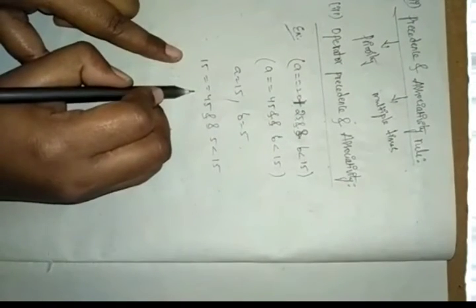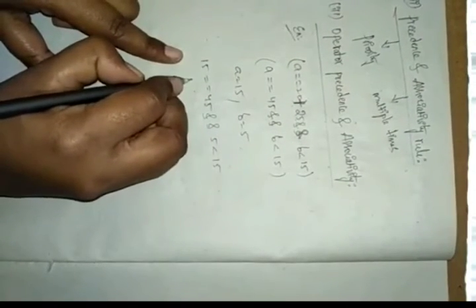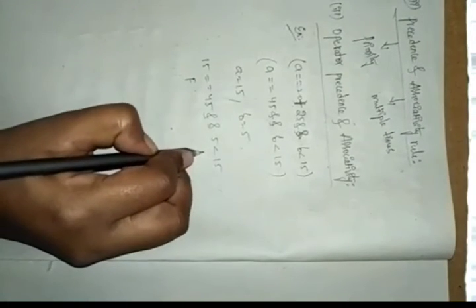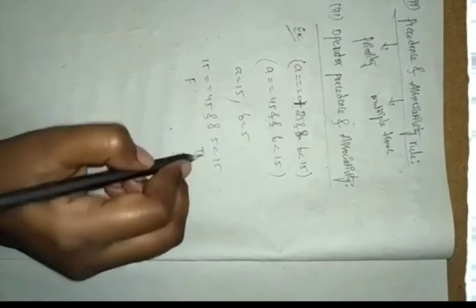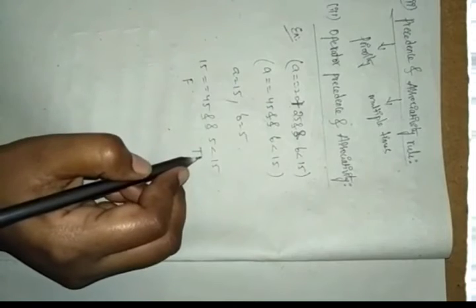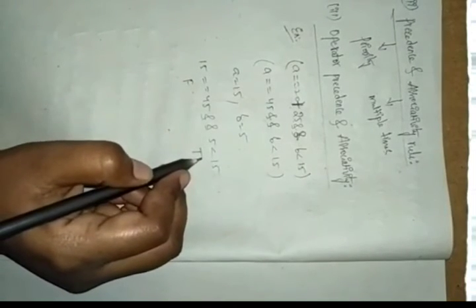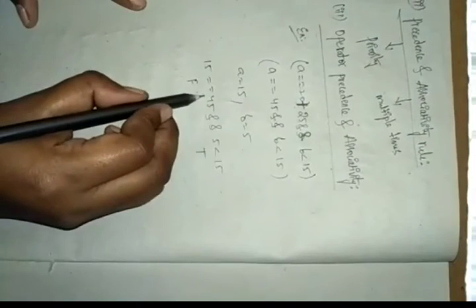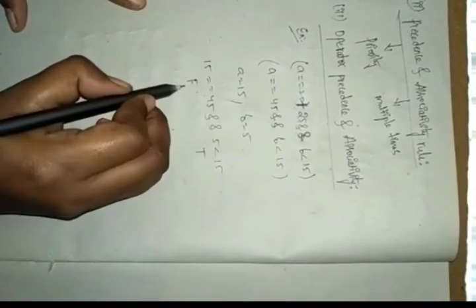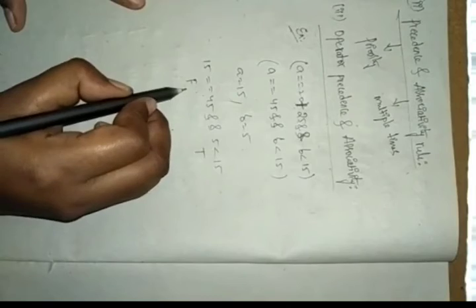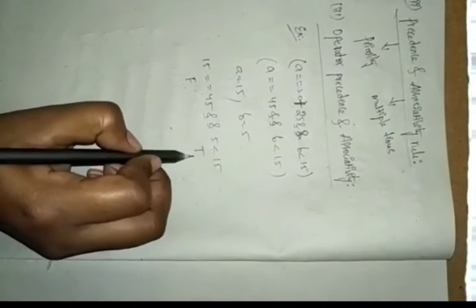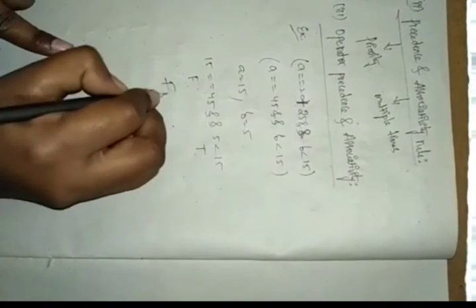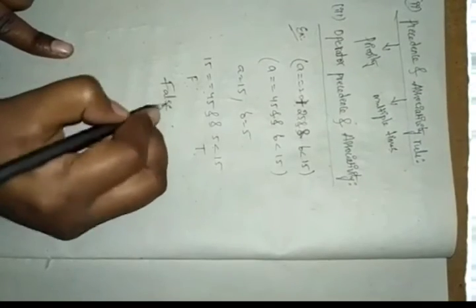This is false. And 5 less than 15? Yes, this is true. But in the AND operator, we definitely need both to be true. Here we got false and true, so the value is false only.